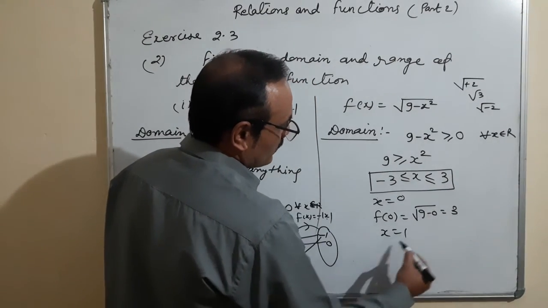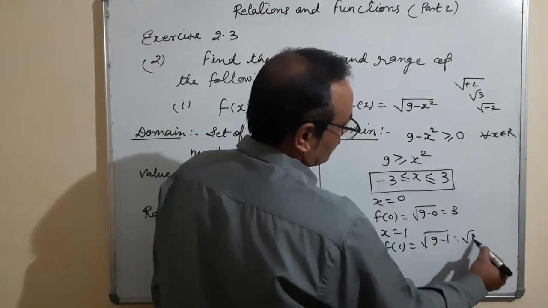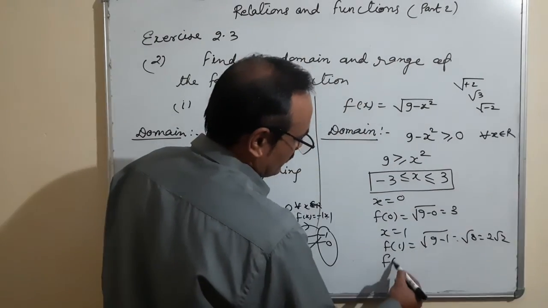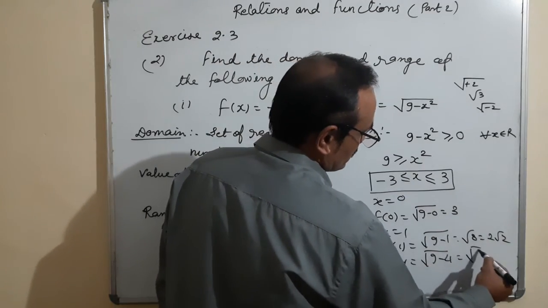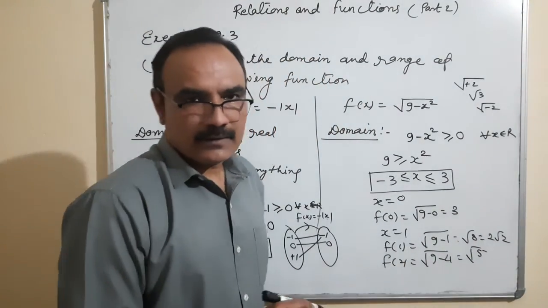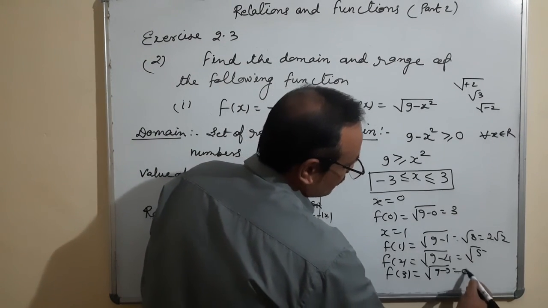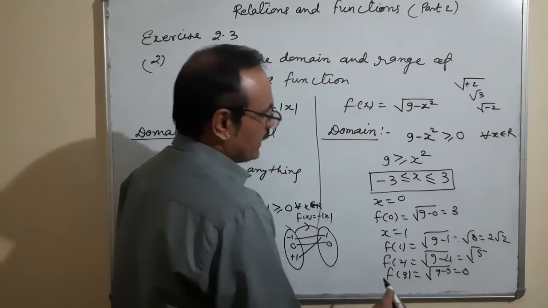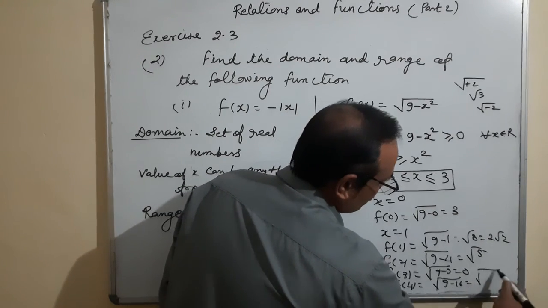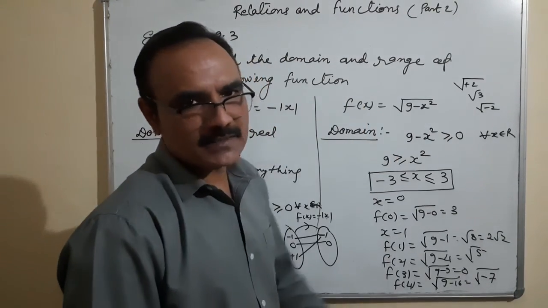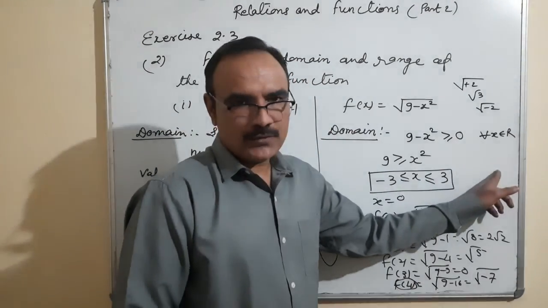I put x equal to 1: f of 1 is under root 9 minus 1, root 8, which is fine. f of 2 is under root 5, also a positive real number. f of 3 is 9 minus 9, which is 0, also possible. If I put f of 4, 9 minus 16 is minus 7, and the root of minus 7 is not a real number. So you cannot put x equal to 4. More than 3 you cannot put here.